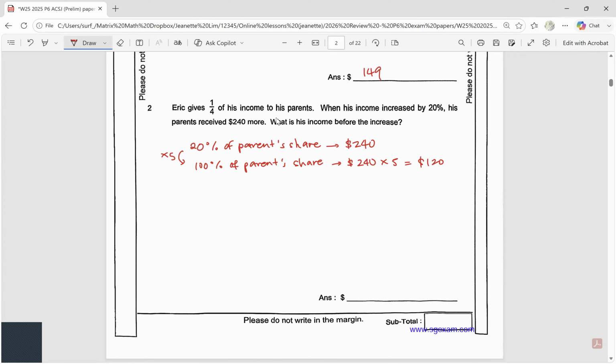And this will give us $1,200. And we also know that he gives 1/4 of his money to the parents. So his total amount of money, we will times 4. So this is the income that he has before the increase.